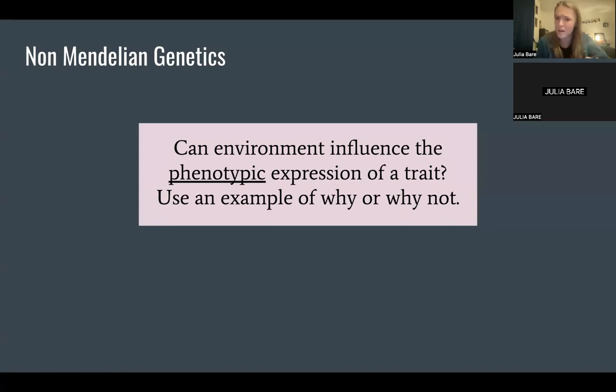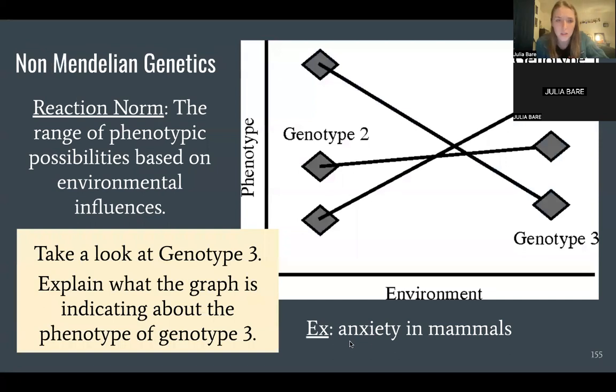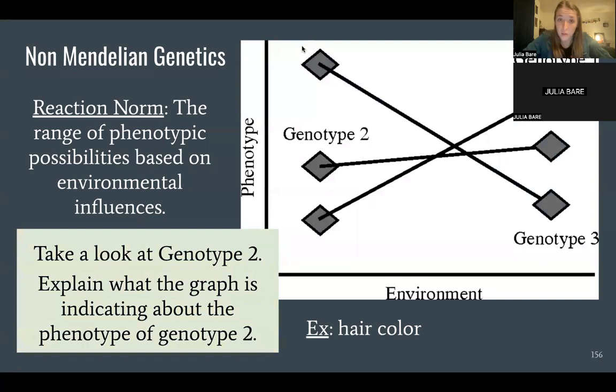And this is true for brown hair as well as blonde hair. But in blonde hair, you tend to really see those characteristics in the specific phenotype. And there's a lot of examples of this. Well, this is an example of the reaction norm. So this is the range of phenotypic possibilities based on environmental influences, right?